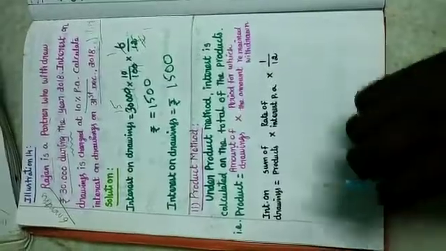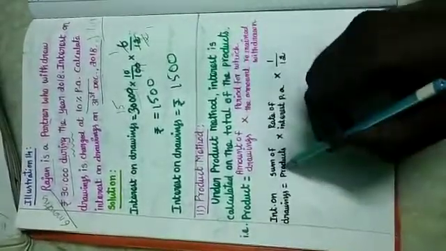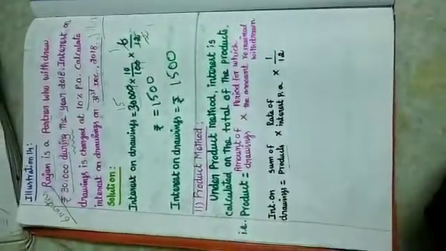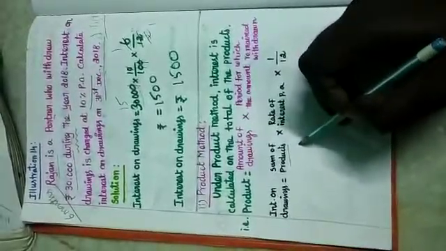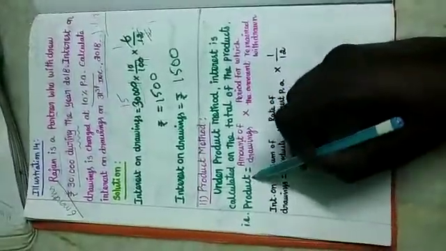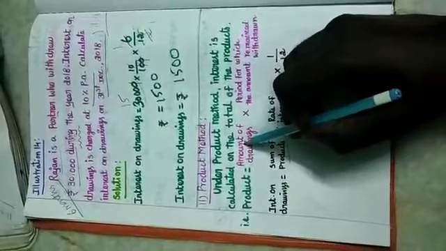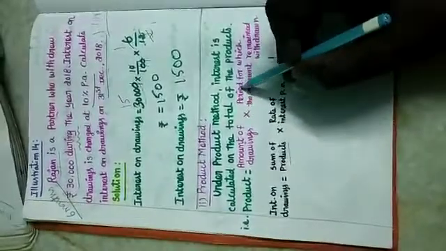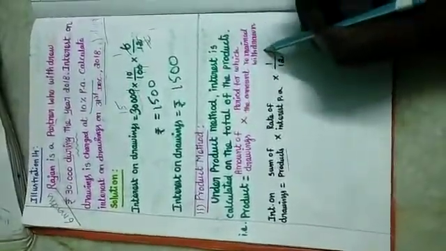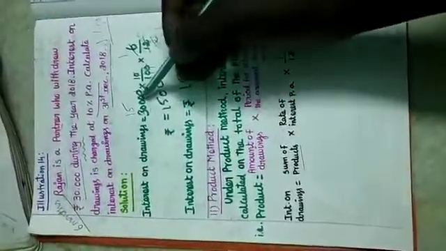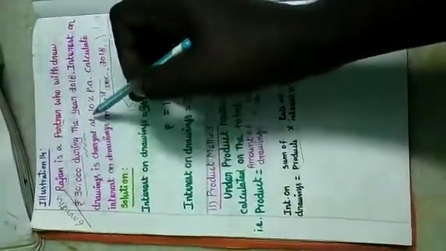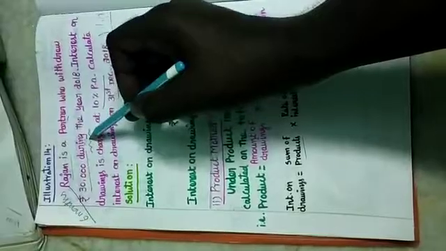But here the interest is going to be calculated on the sum of products. What is a product? Product is equal to the amount withdrawn into the period for which the amount remained withdrawn. For example, in the last sum we have seen rupees 30,000 withdrawn during the year.